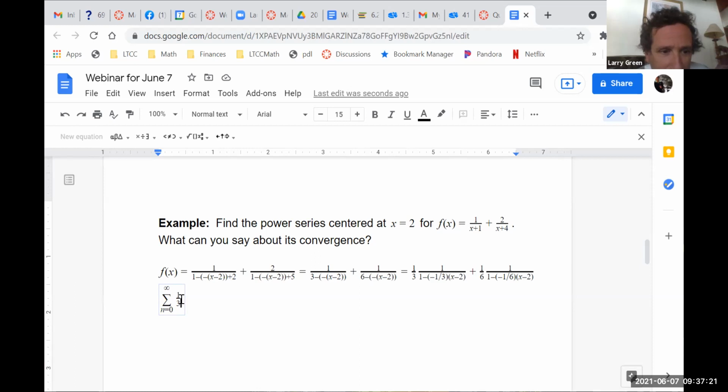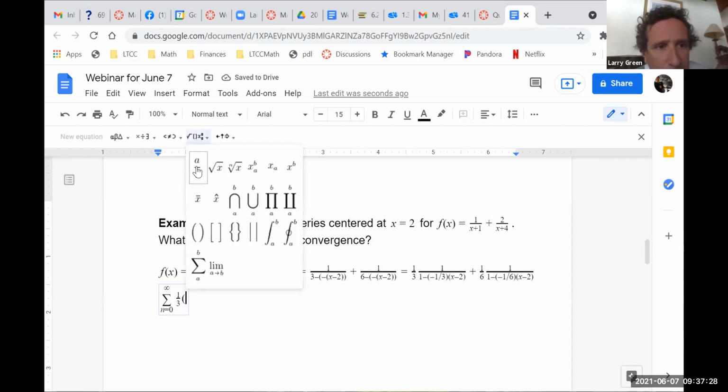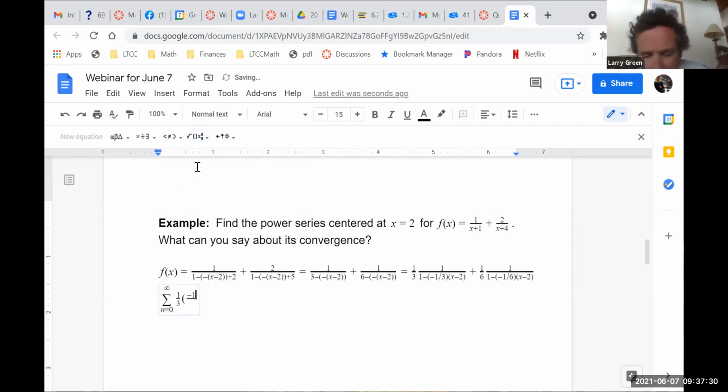So I can write that as negative 1/3 to the n, x minus 2 to the n. Okay, now technically it's negative 1/3 times x minus 2 all to the n, but you're always allowed to split those up. That's just basic algebra.